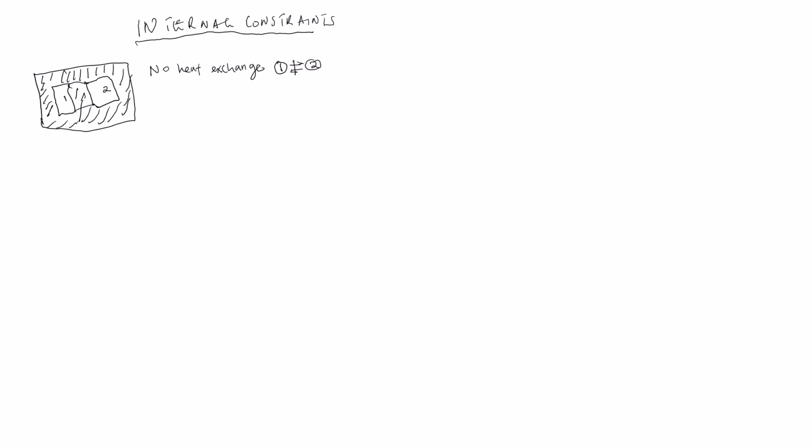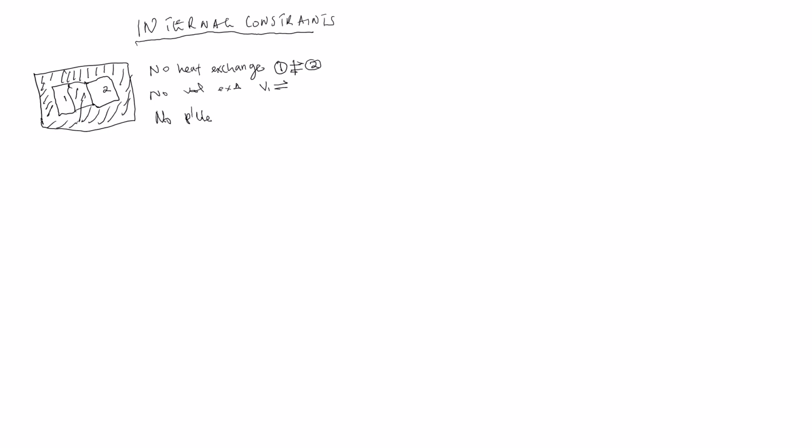And then also, the exchange of volume will not be there. No volume exchange. So volume 1 and volume 2 will remain constant because there is an internal constraint. And then there will also be no exchange of particles.